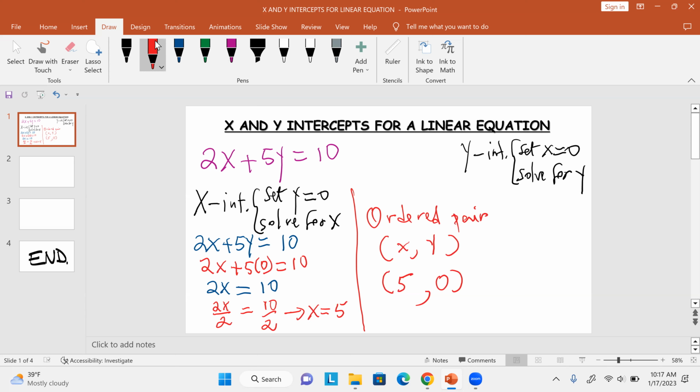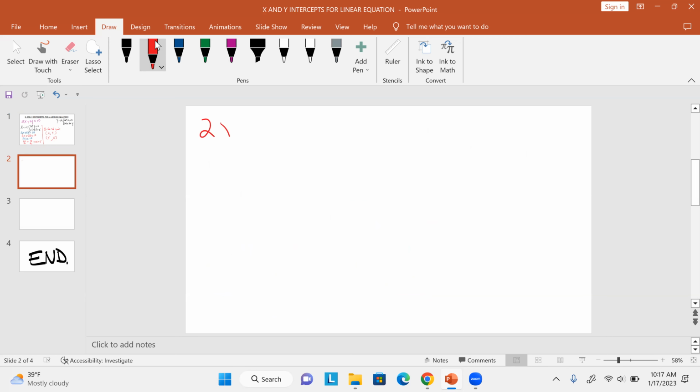Now let's find the y-intercept for the same given equation. So we have 2x plus 5y equals 10, and we need here the y-intercept. And again, the formula is to set the x to 0. So we're going to replace x by 0.